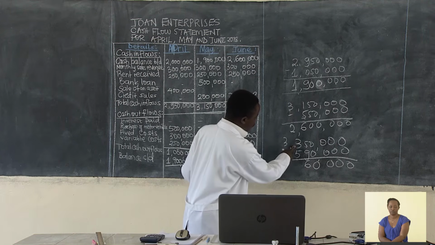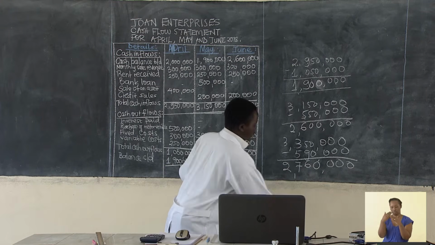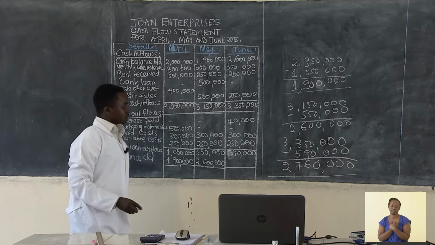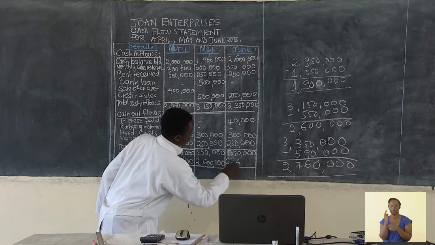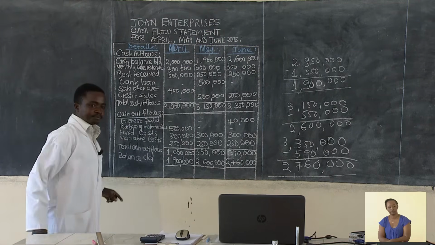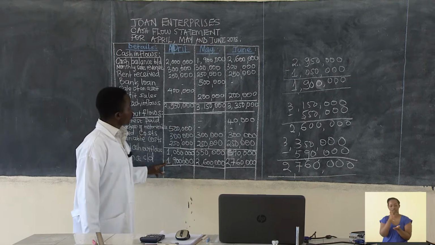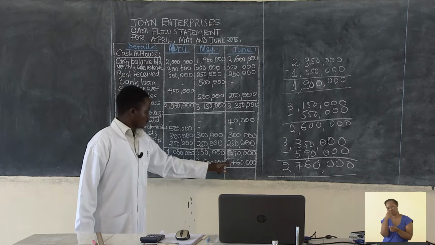You borrow 1 here, 12 minus this one, 7. Then here we have 2. Is it what you are getting? 2,760,000. So here, this is our balance carried down for April, for May, for June.